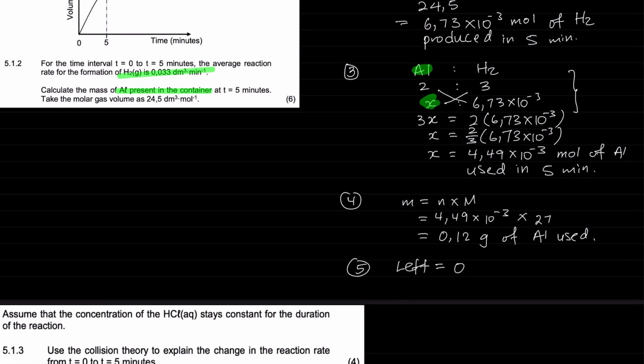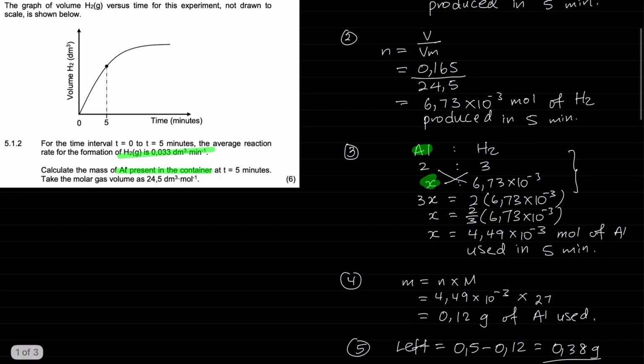So 0,5 minus the amount that was used, 0,12, gives us 0,38 grams. If you break it up into steps like I've done here, it does become a bit more manageable, and writing out exactly what you've calculated also generally helps.